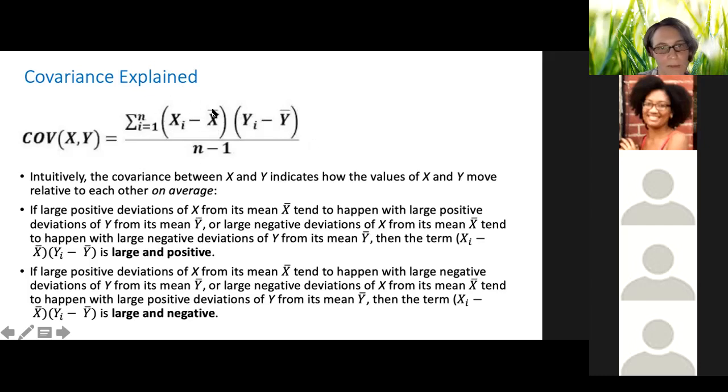Because we have the reversed signs for each term, but still the absolute value is large, it just has a negative sign. So that means there's a large negative relationship. That means small values on X go along with large values on Y and vice versa.